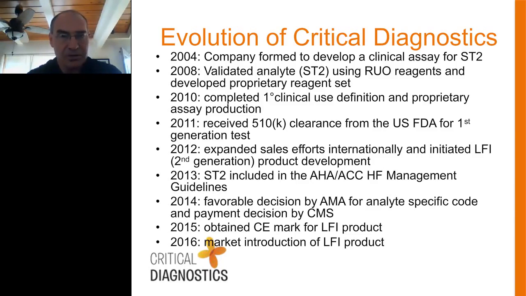And we currently do business in about 40 countries around the world. So the US, all of Europe under the CE mark standard, and in most Asian countries with the exception of Japan. So that gives you a snapshot of, basically, 11 years from the time in 2005 when we truly initiated the project until 2016, where we have 2 products on the market and doing business in multiple countries.